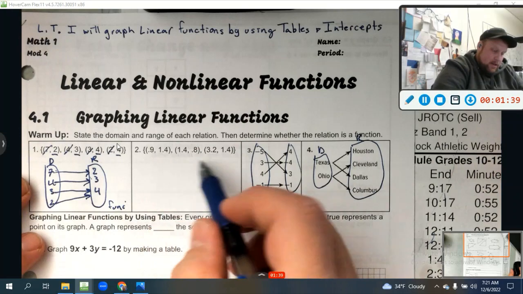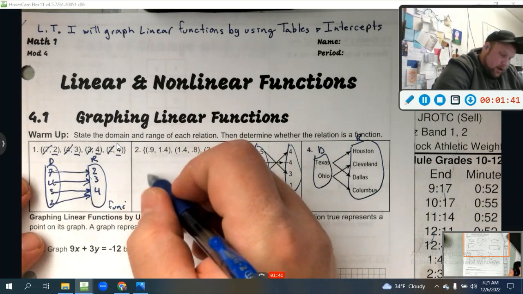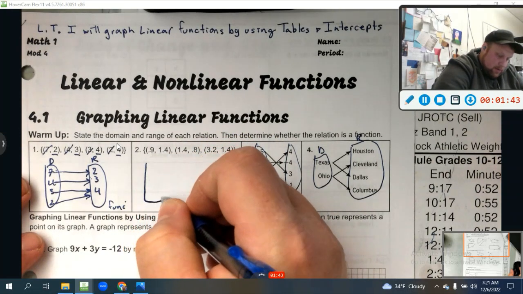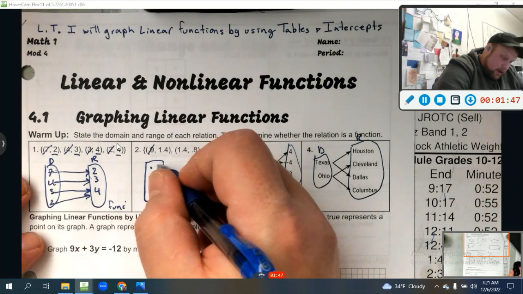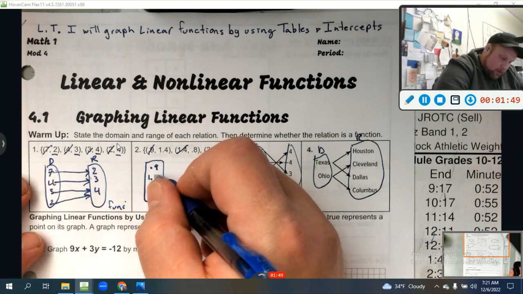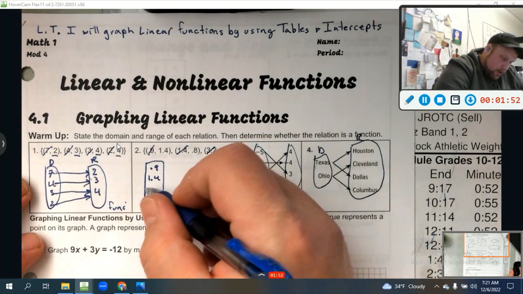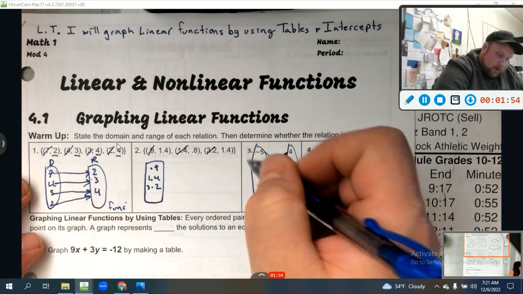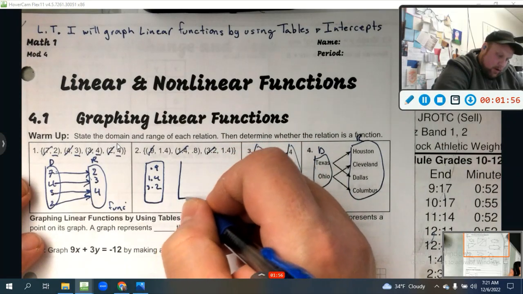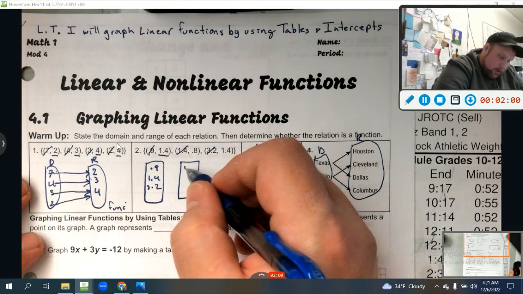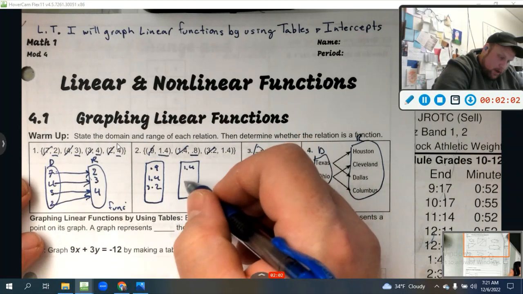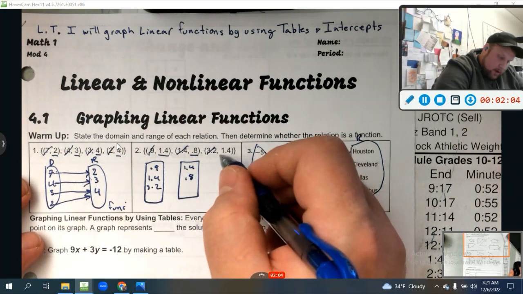Okay, let's go ahead and do this over here. Again, I'm going to do the same deal. So I've got 0.9, 1.4, 3.2. And over here, I've got 1.4, 0.8, and 1.4.